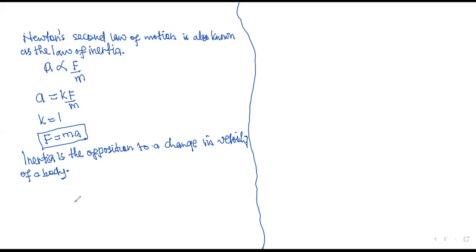Now understand this from this perspective. Consider two different people, a slim one and a fat one. If both of them are standing and you want to cause a change in their speed, when you apply force on a fat person and the same force on a slim person, you realize that it will be difficult to change the velocity of the fat person than the slim person, meaning that the fat person can oppose the applied force, which is causing a change in its velocity.